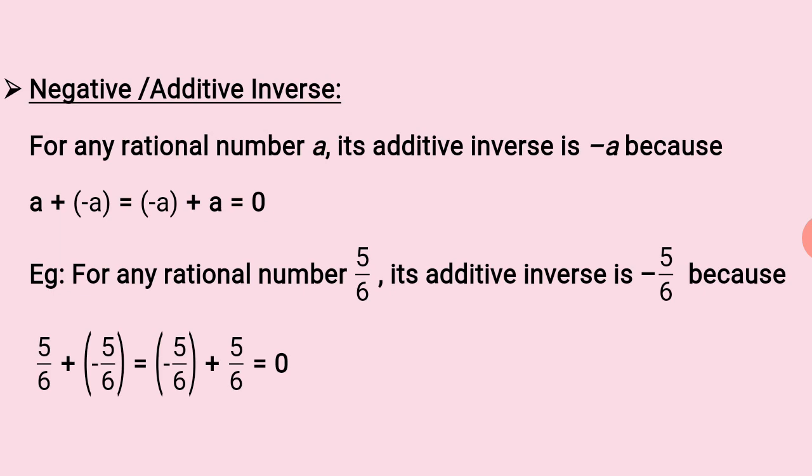When you add these two numbers, the final answer is 0. That means they are opposite of each other. Now one example is taken. For the rational number 5 by 6, its additive inverse will be simply minus 5 by 6, because when you add these, you will get the answer as 0.